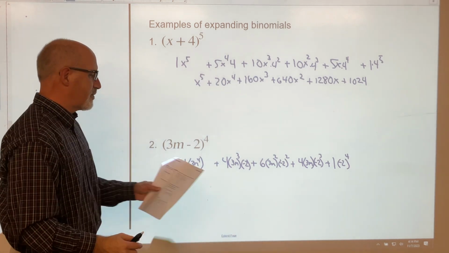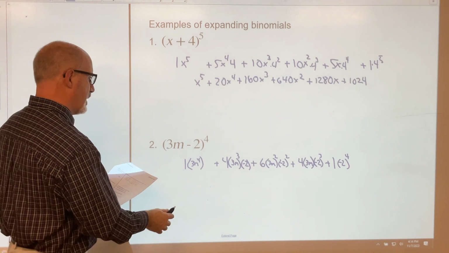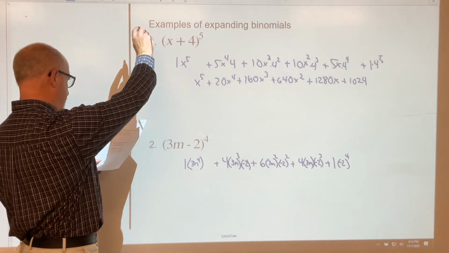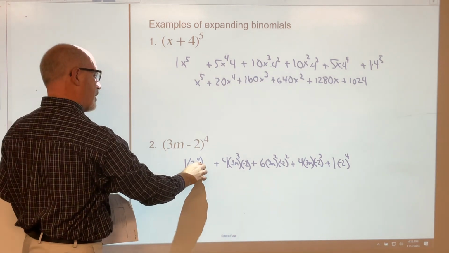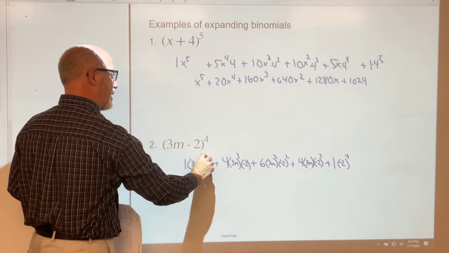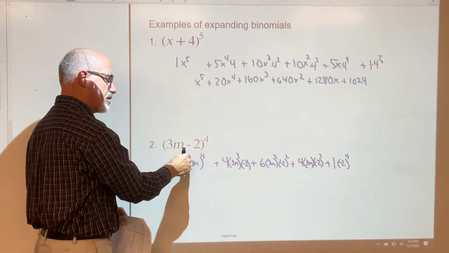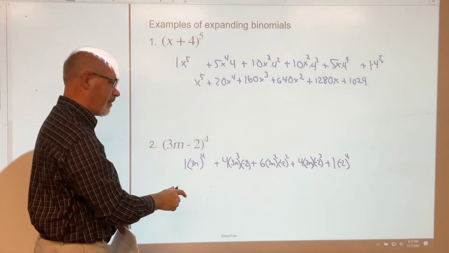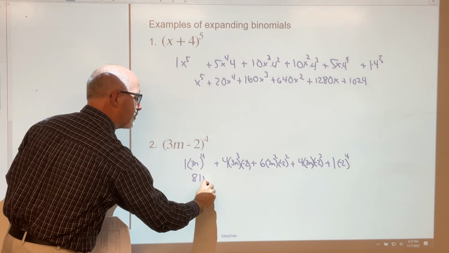And now I just have to simplify those coefficients. Okay, so for this one, I need to make a slight correction here. Notice that I put the 4th power inside here. The 4th power needs to be outside here, because it's important to recognize that the 4th power goes to the 3 and to the m. So 3 to the 4th is equal to 81, m to the 4th.